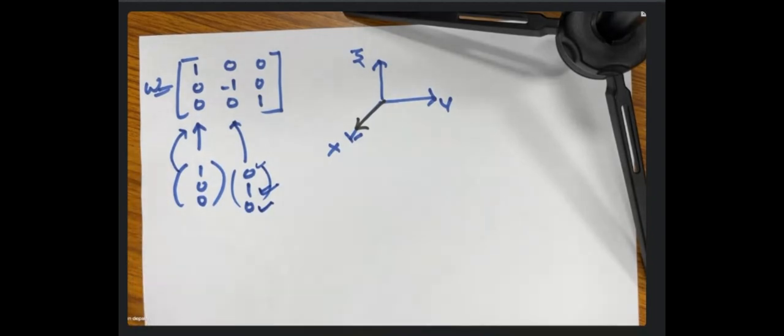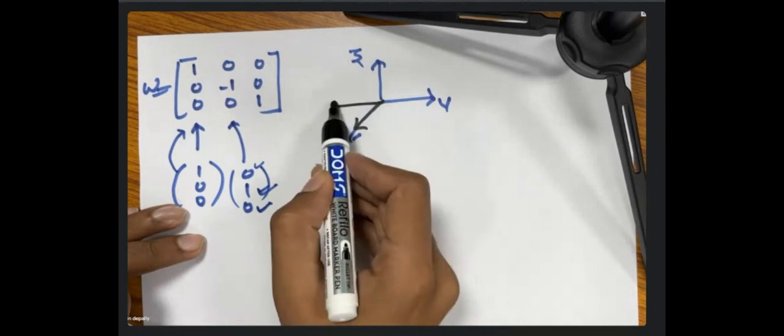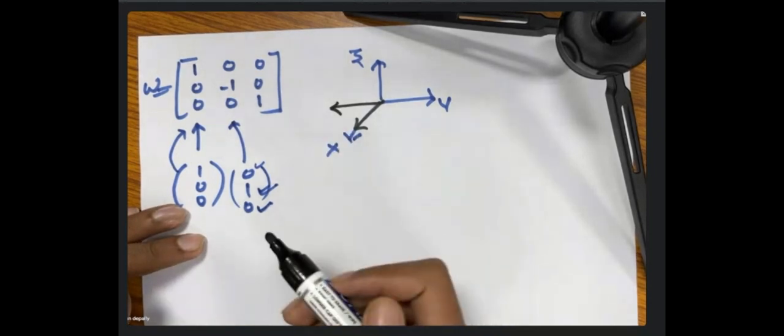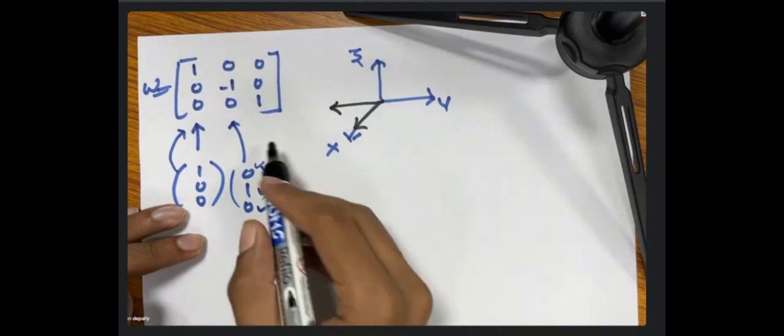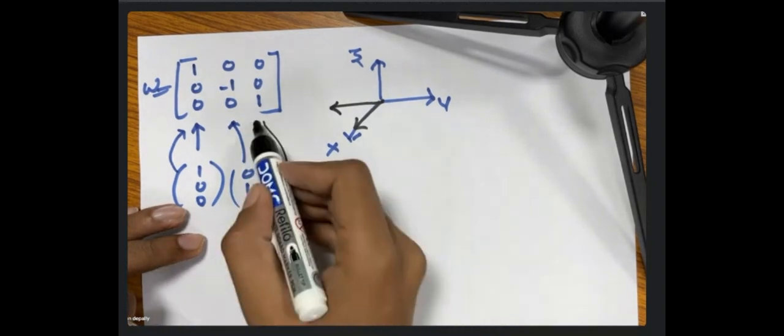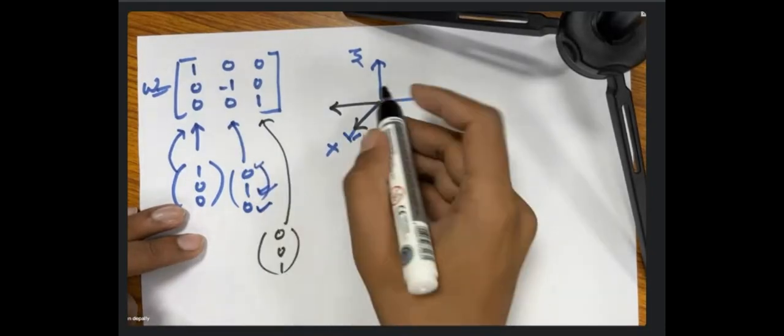So the y, which initially was like this, has transformed to over here. And the z also remains as it is. So the final z is also like this.